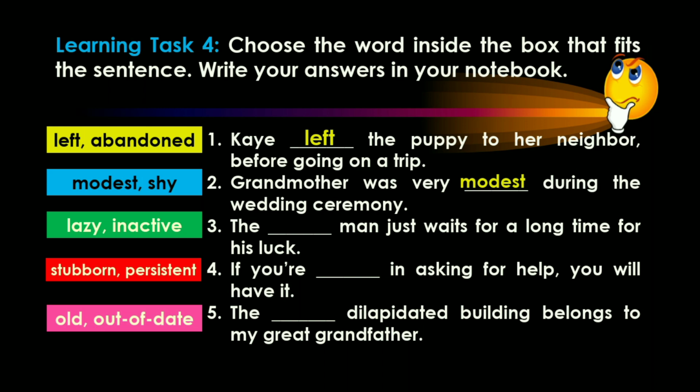The blank man just waits for a long time for his lap. The answer is lazy. If you're blank in asking for help, you will have it. The answer is persistent. And number 5, the blank dilapidated building belongs to my great-grandfather. That is old.